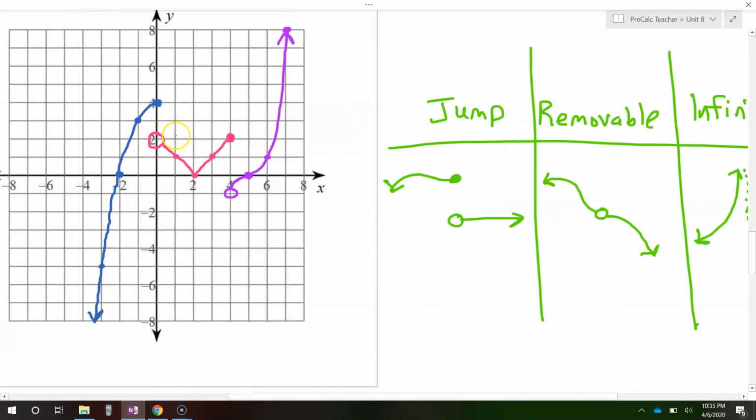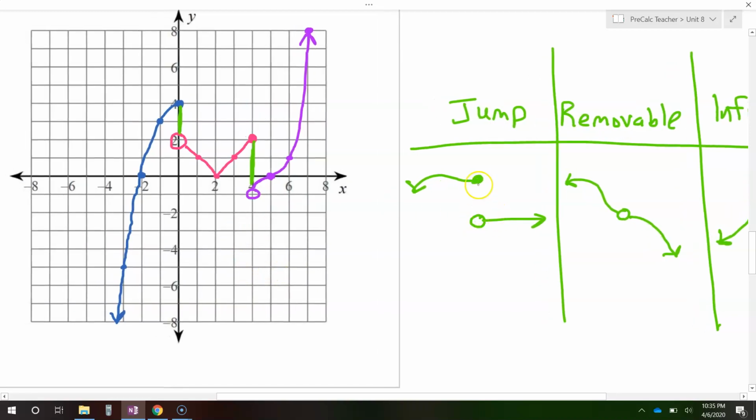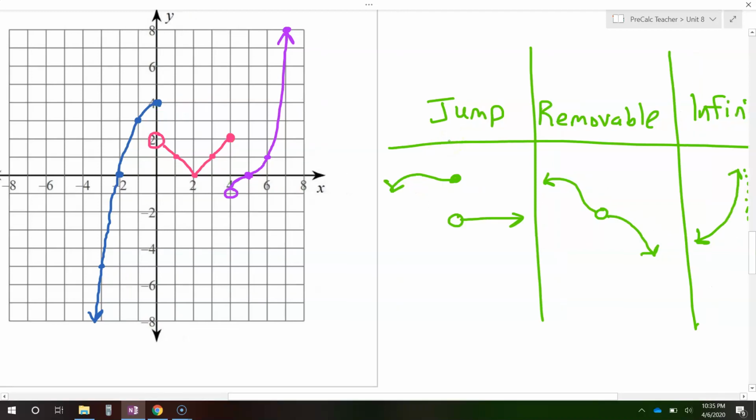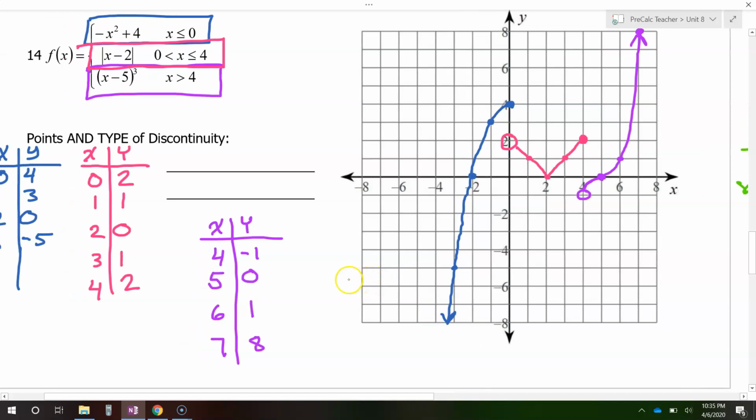Now, I see that we have 2 breaks in the graph. We have one break right here, and we have another break right here. In both cases, we have a gap, so this is a jump. These are 2 jump discontinuities. We're going to mention the x value of it.